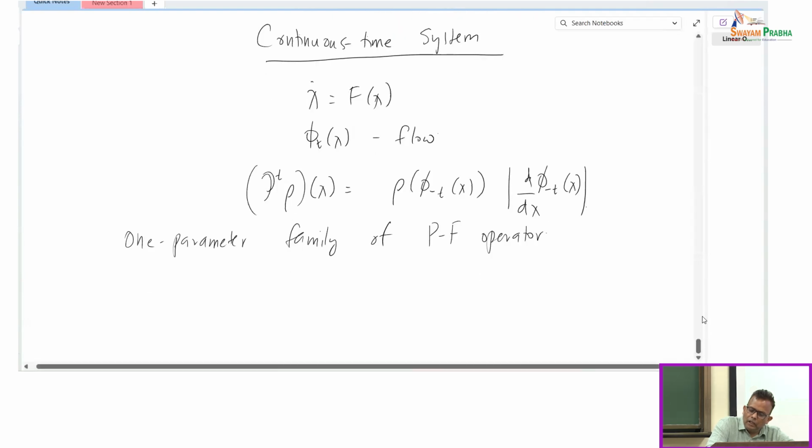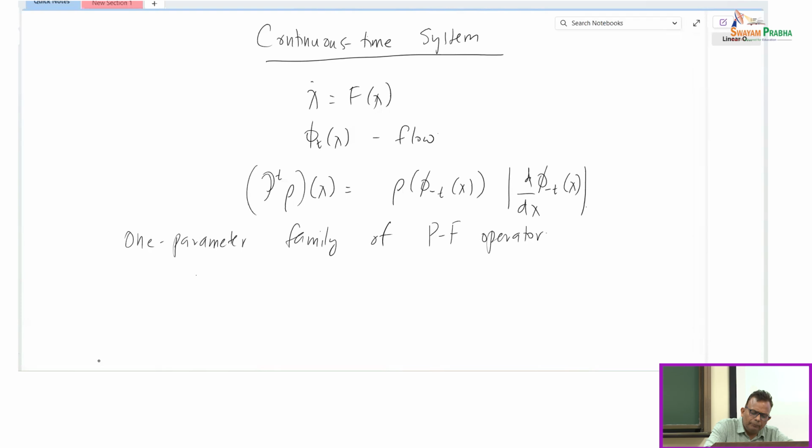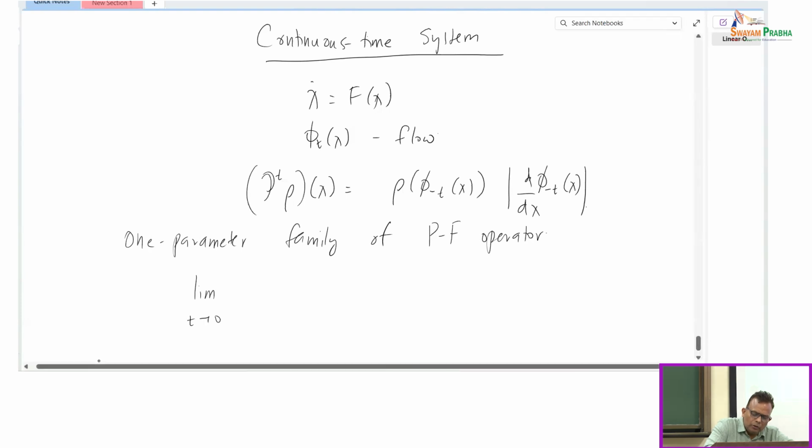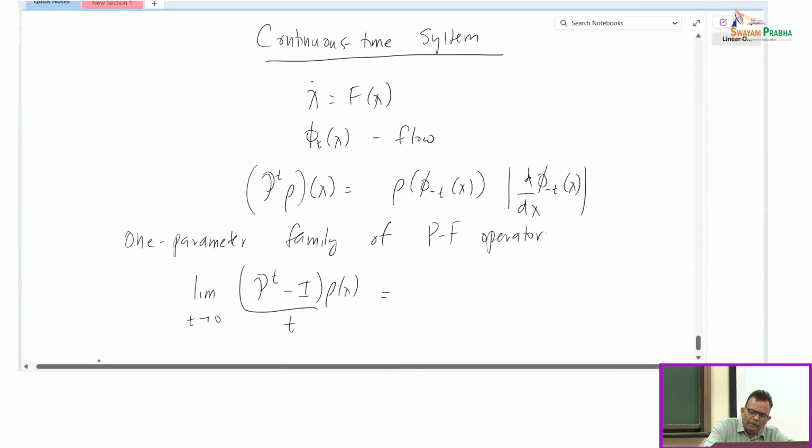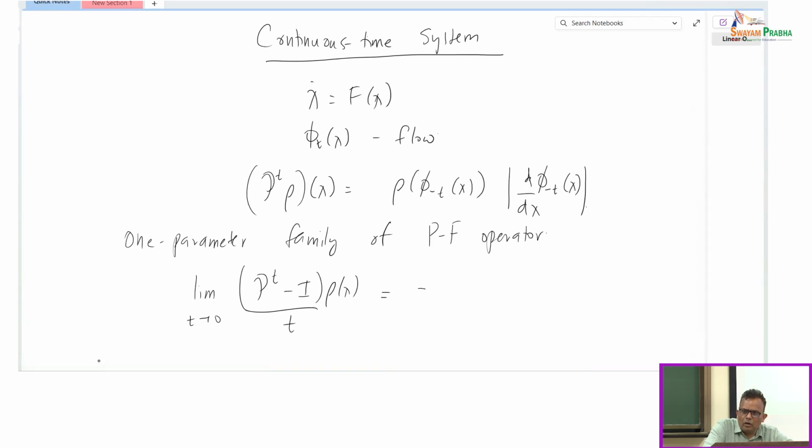Now we can again define the generator for this, which is the limit as t goes to 0 of P t minus identity acting on rho of x, divided by t, and that is nothing but equal to minus the gradient of f acting on rho.